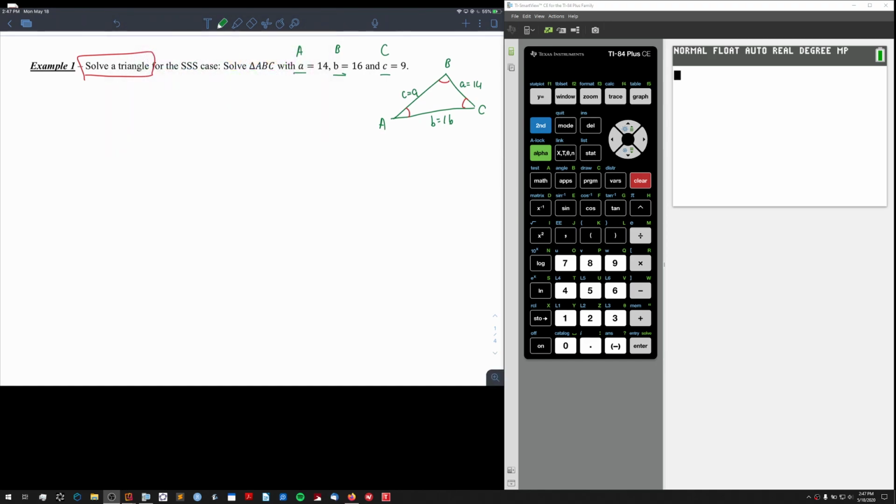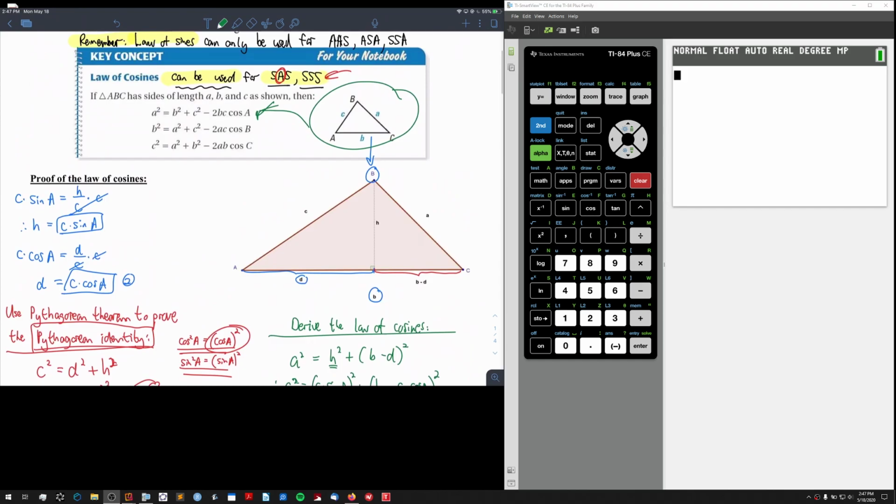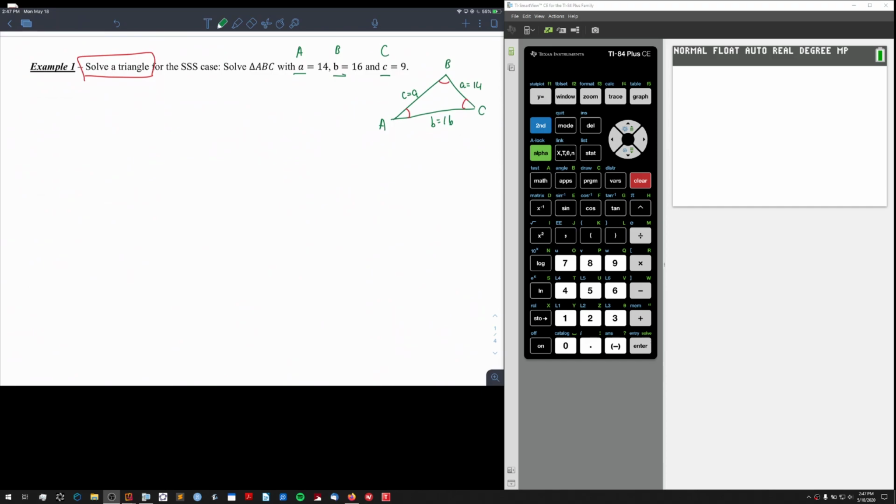Now, I'm trying to find a missing angle. So I need to use basically all three of these formulas, or at least two of them, because I need to find an angle and I need to find another angle. Once I have two, I don't have to use this formula again. Once I have two, I can use the triangle sum theorem. So I'm going to use law of cosines twice.